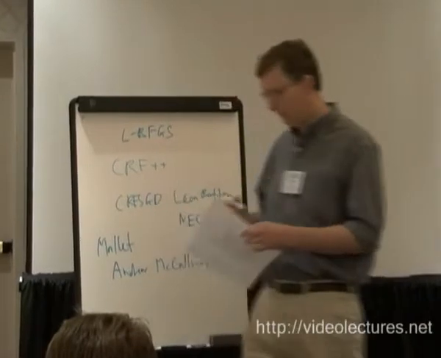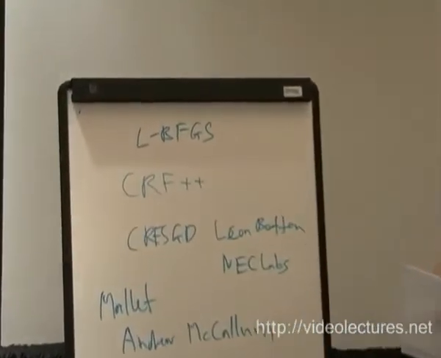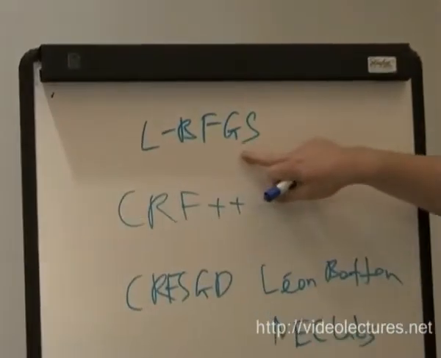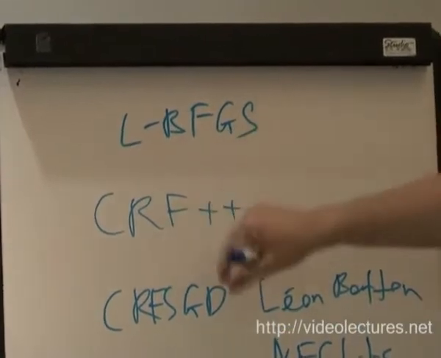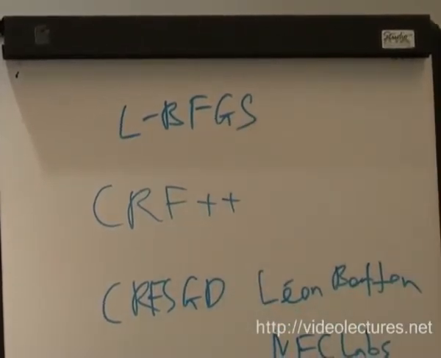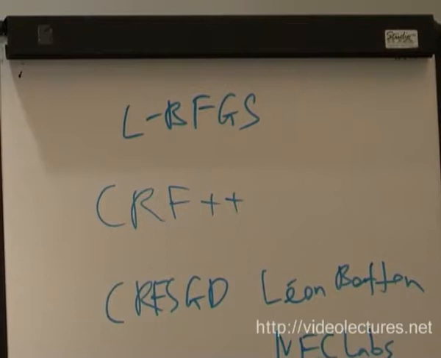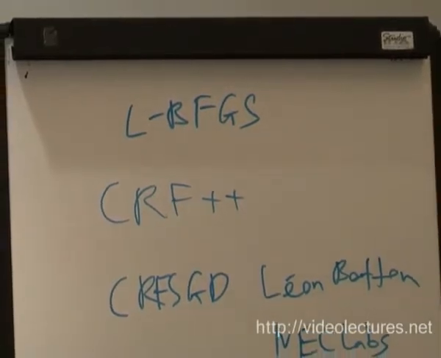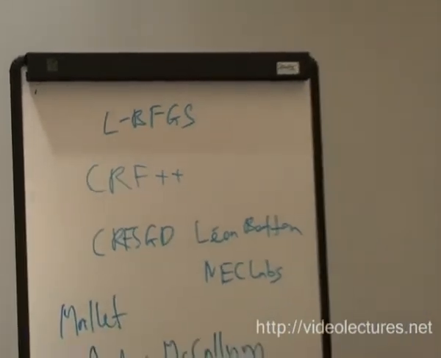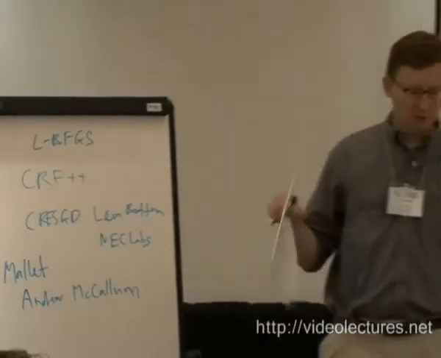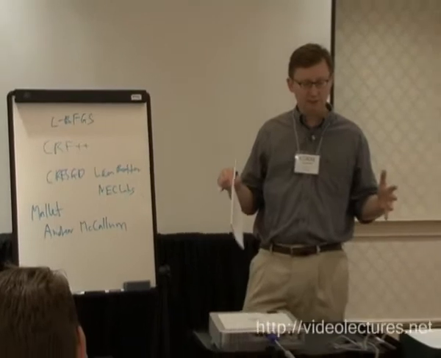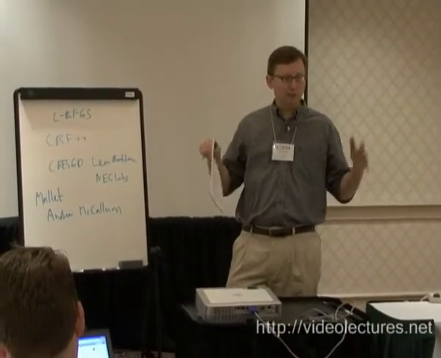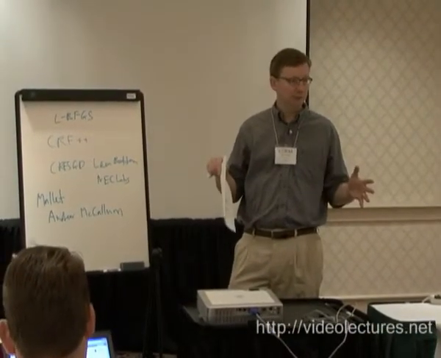So L stands for limited memory. BFGS, I think all four initials stand for the names of the authors who are researchers in mathematical optimization. And this is a gradient descent training method, but it's a conventional optimization method in the sense that it operates on the gradient of the entire objective function.